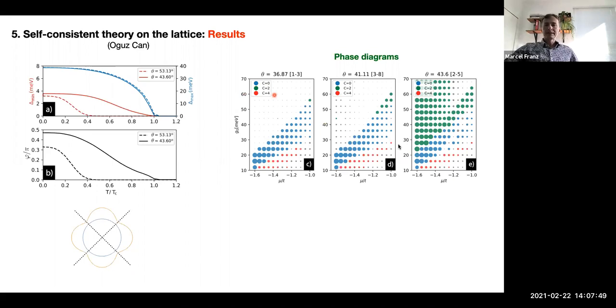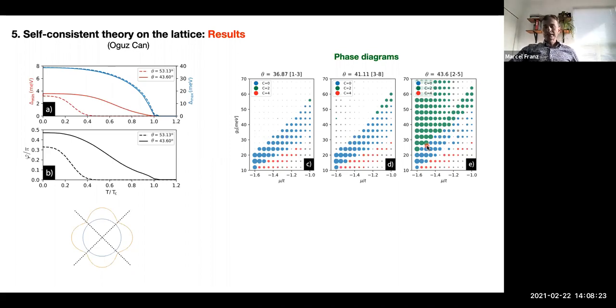So anytime there's a large dot, this is a time reversal symmetry broken phase, which is interesting, but only green and red are topologically non-trivial. Blue are topologically trivial. So this is a new feature of this fully lattice model. We didn't see this blue region previously in a continuum model. And this new feature comes because we have more complicated Fermi surfaces and so on.